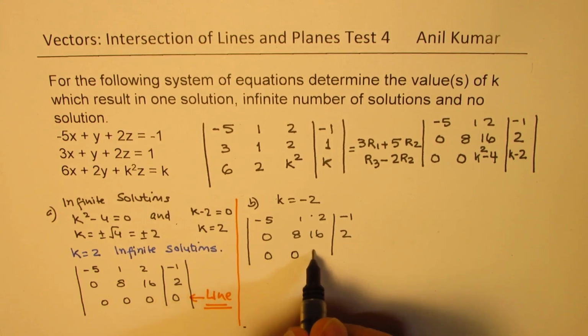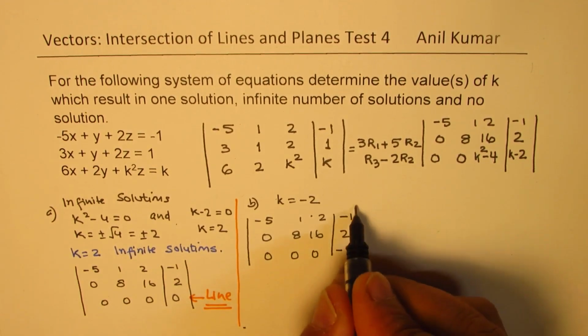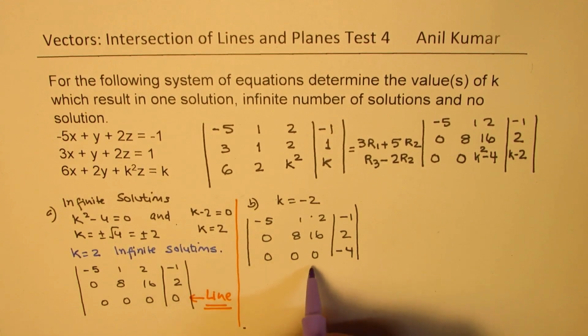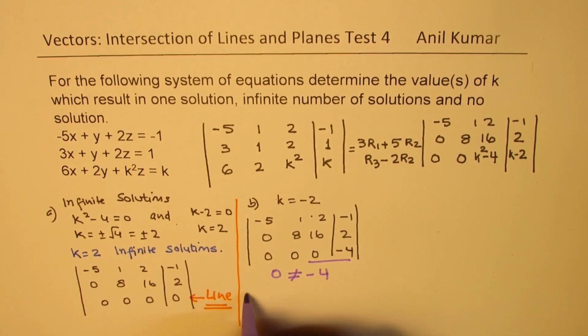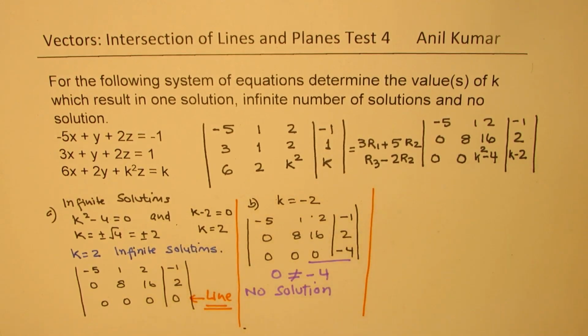So we do get 0, 0, 0 here, but if it is minus 2, we get minus 4 here. Do you understand? And since 0 is not equal to minus 4, we have no solution. Correct? So k equals to minus 2 means no solution for us.